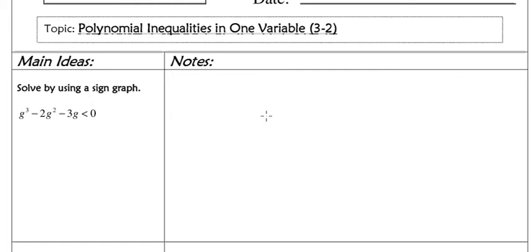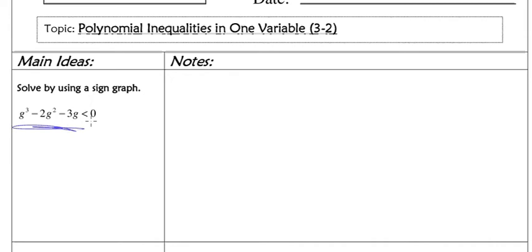I've got my g cubed, g squared, and so here's one method for finding out what g values will give us solutions which will satisfy being less than 0.